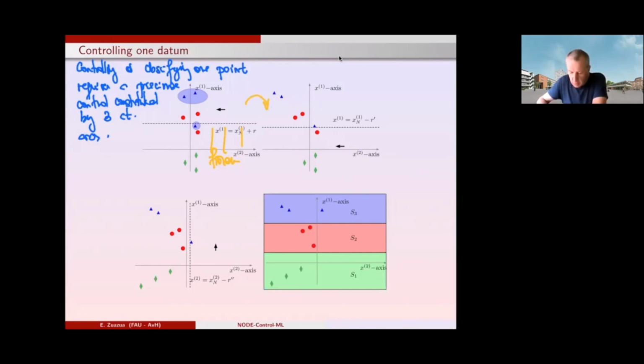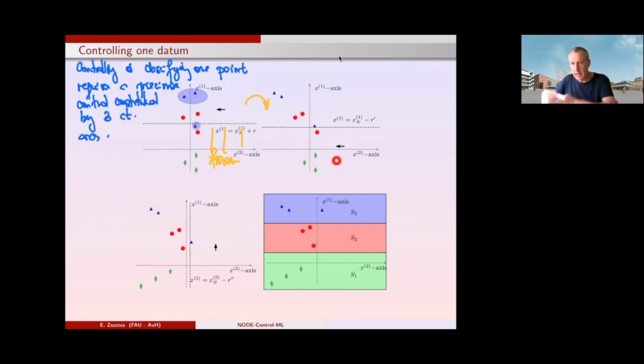Why? Because the blue is still in the middle and the blue should be in the north.